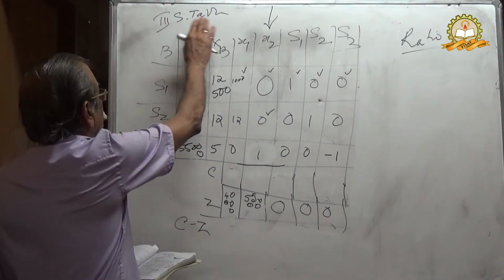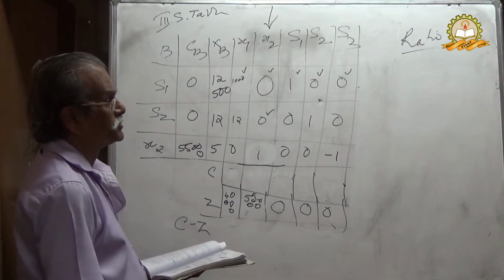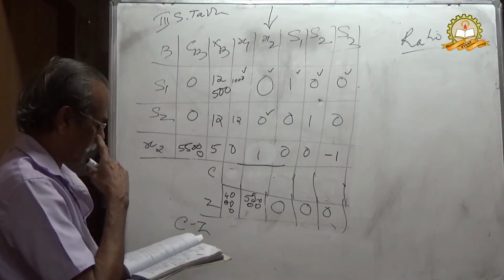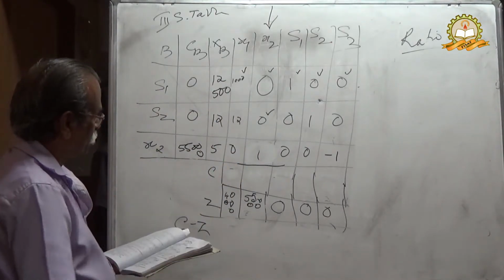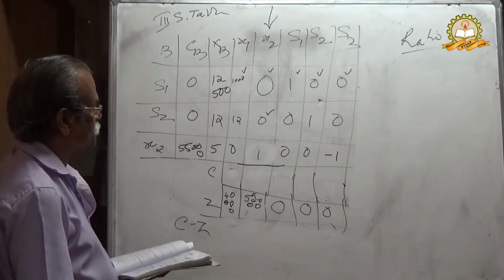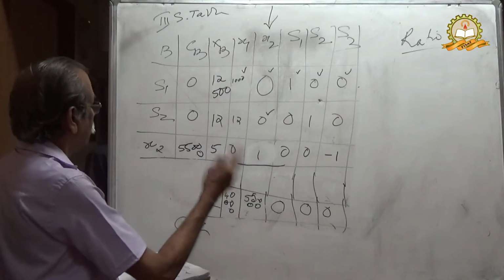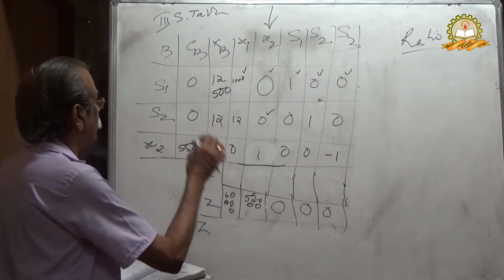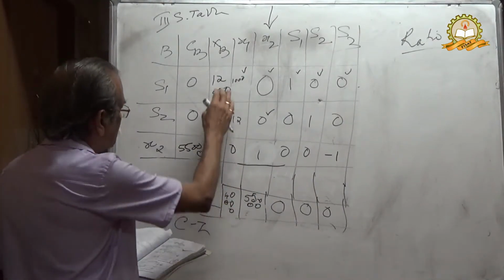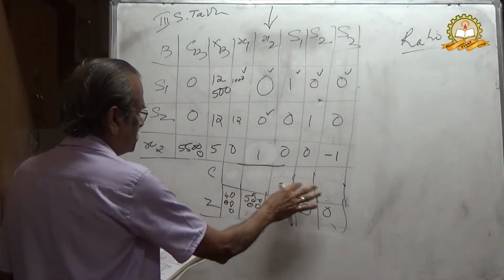And the third simplex table is as follows. Then again you do the same procedure, because all the numbers are available except these numbers.